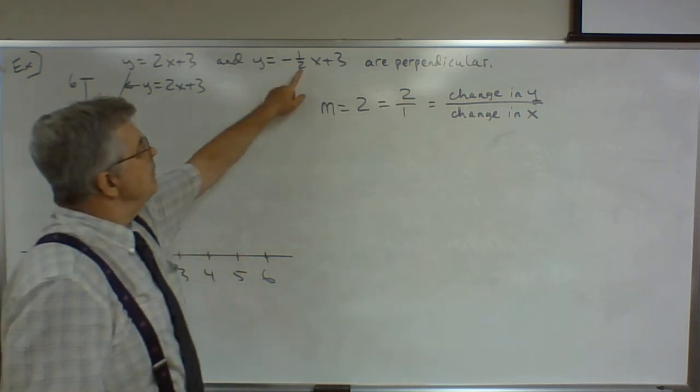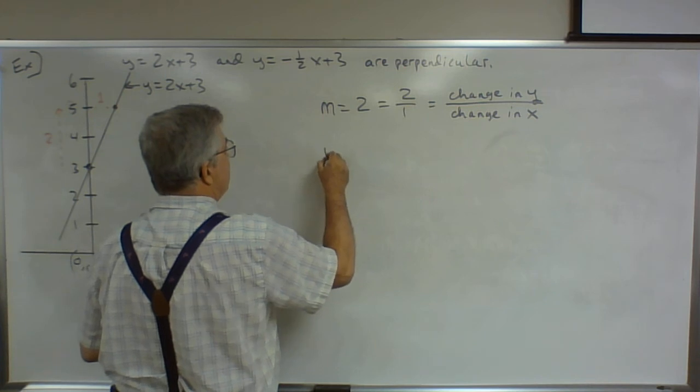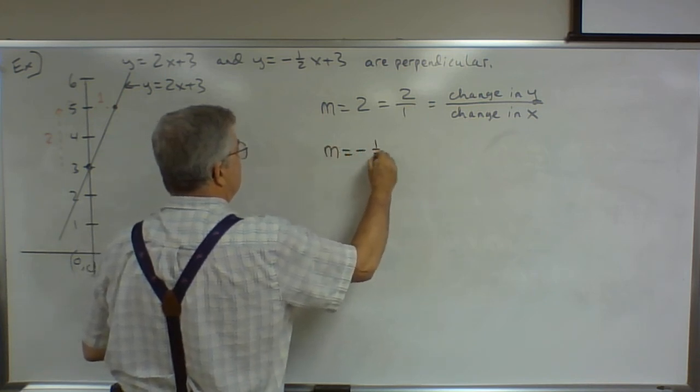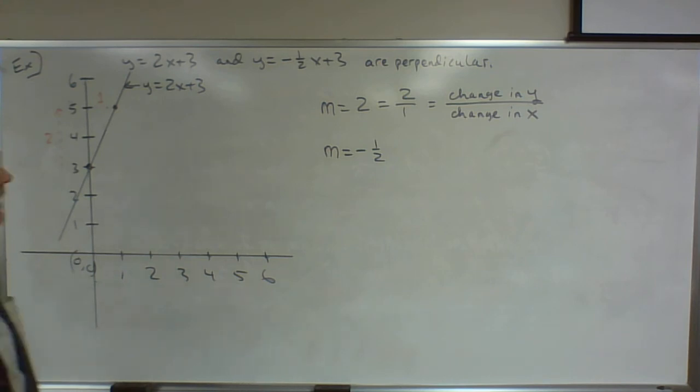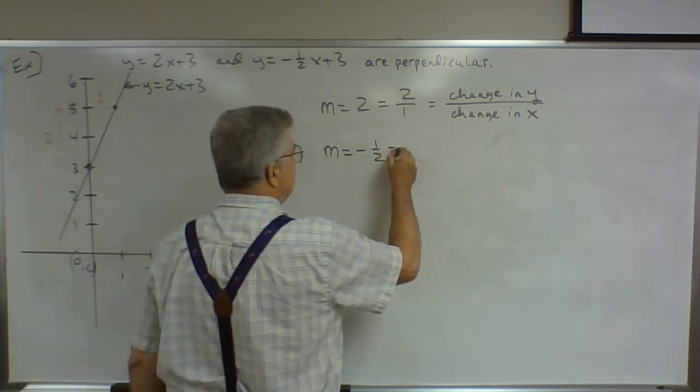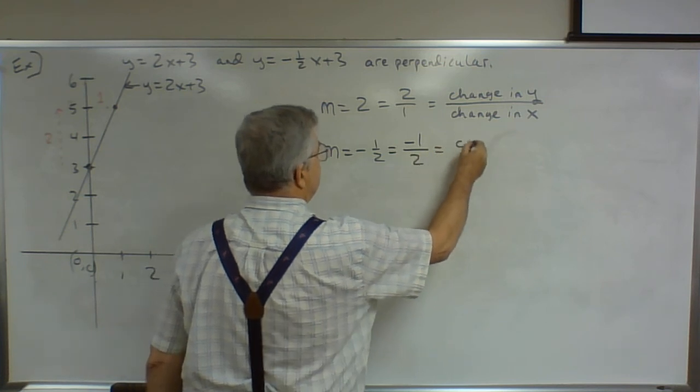Now let me draw this line. The slope is negative 1/2. And I can look at this as negative 1 over 2.